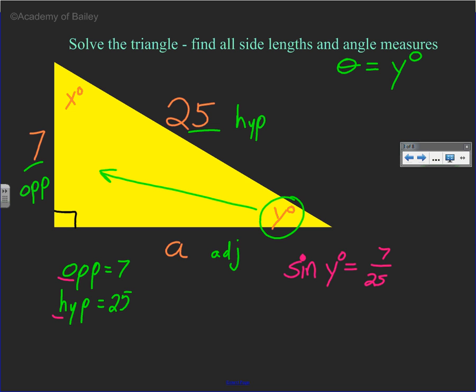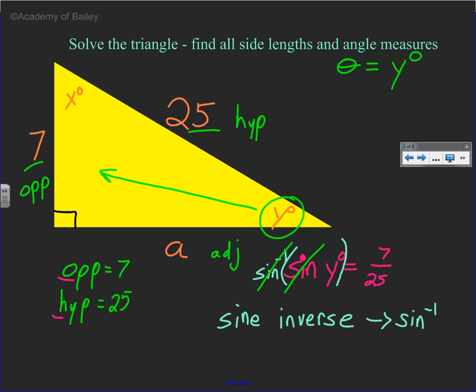Well, the opposite of taking the sine of something is taking the sine inverse. Sine inverse is written like this, okay? And when you abbreviate it, like I just did in that math problem, it is sine, and then you have a -1 exponent with it. And so basically, when you do the sine inverse of sine, it cancels out, it leaves you with y.